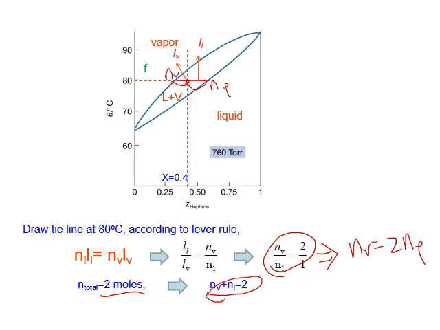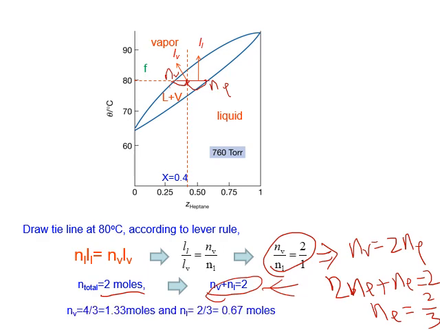So plug into the other equation: 2N_L, that's N_V, plus N_L equals 2. Therefore N_L should be 2 divided by 3, which is 0.67 moles. And for N_V, you can just use 2 minus 2/3. That gives you 1.33 moles.